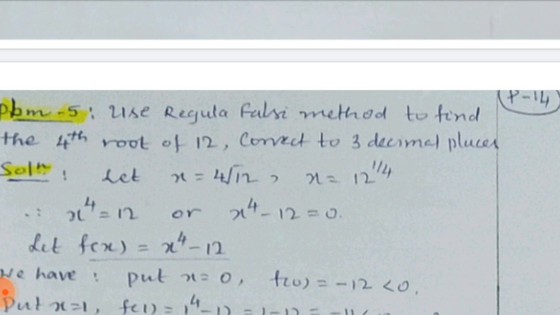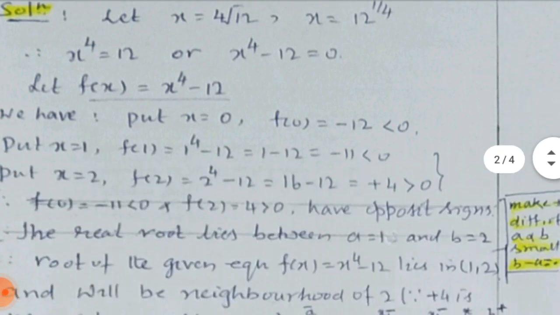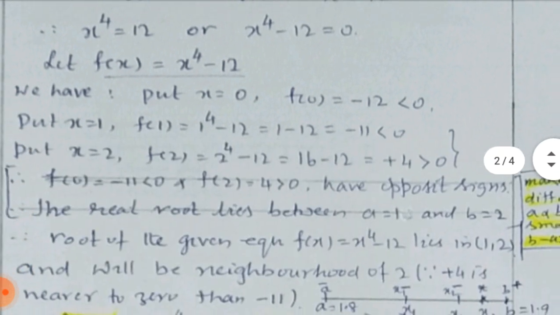Since f of x is equal to 0, let f of x is equal to x to the power of 4 minus 12. We have to put x is equal to 0. Therefore, f of 0 is equal to minus 12, less than 0.